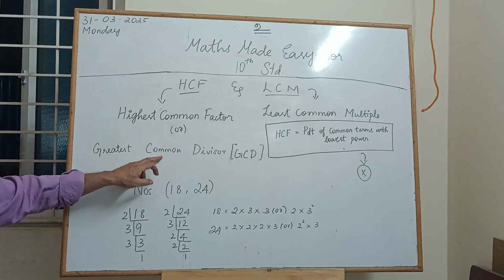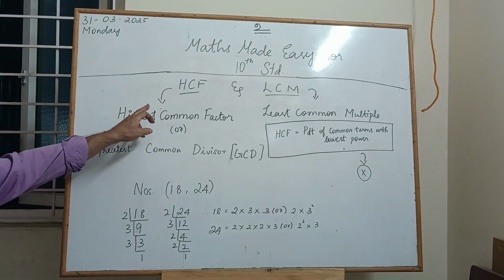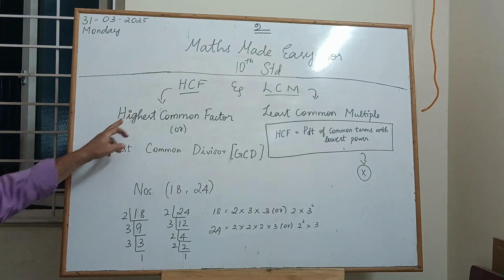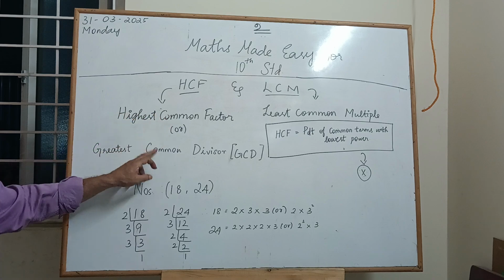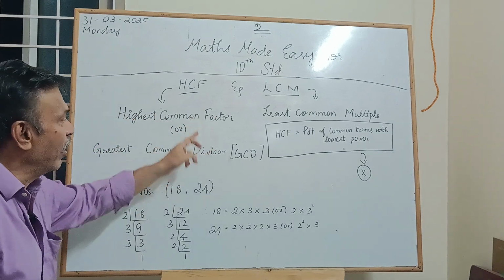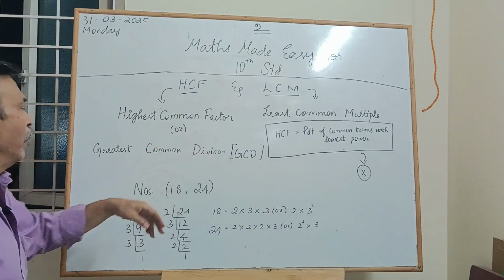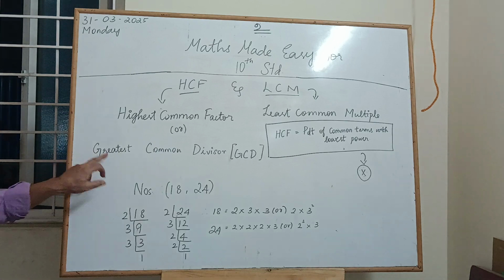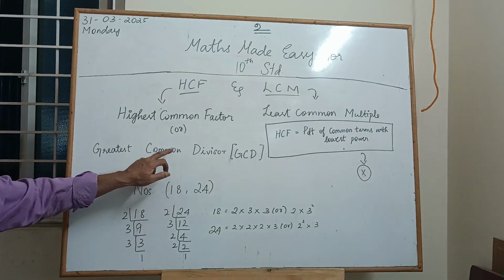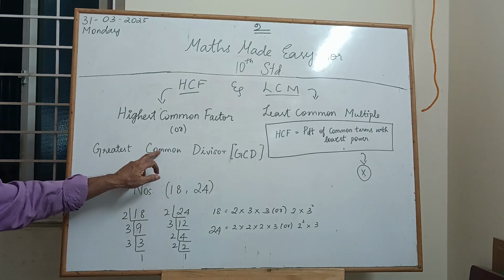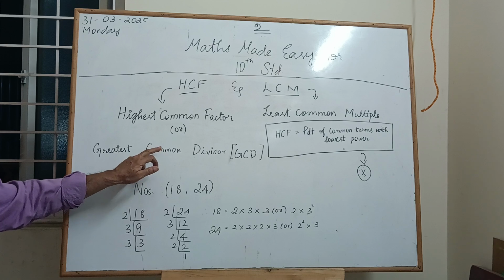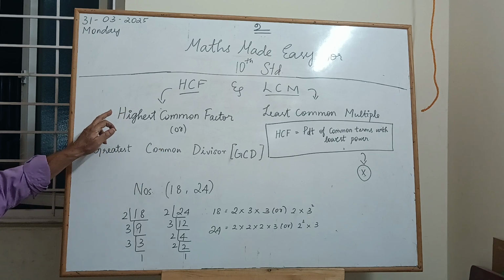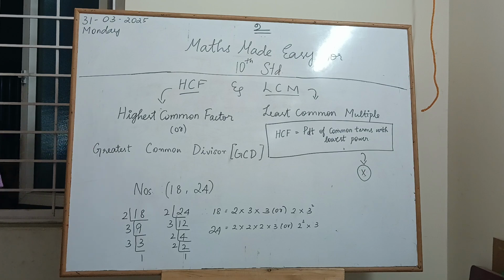Actually, these two names are the same. Highest, greatest; common, common; factor or divisor. Both are the same. If you see matriculation books, they write it as GCD. If you see CBSE books, they write it as highest common factor. But both are the same.